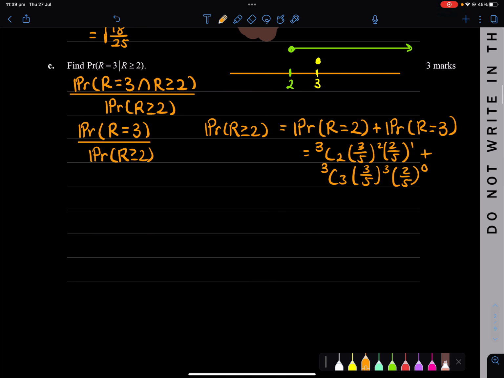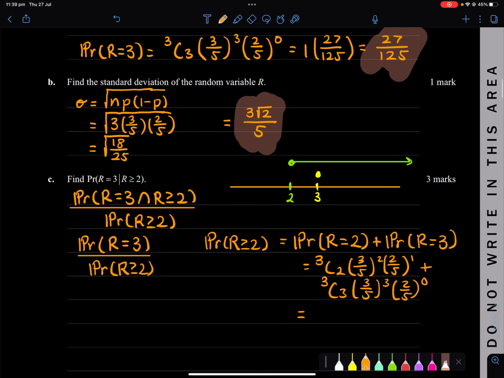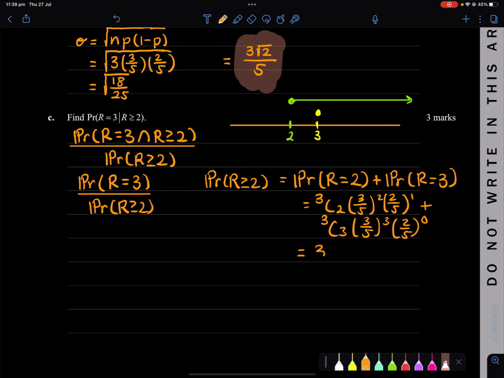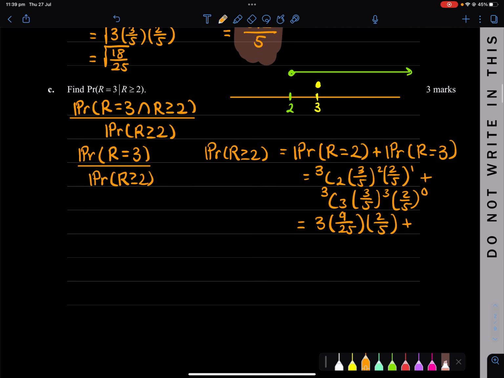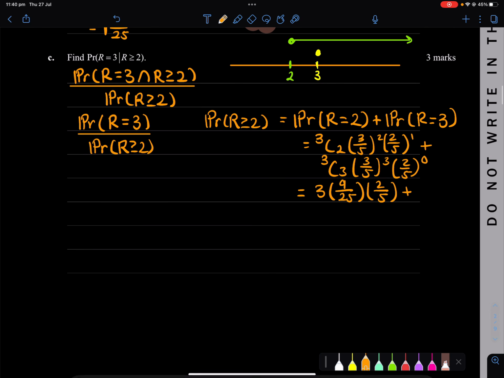Which is equal to 3 choose 2, sorry. So it's 0, 1, 2, so it's 3. We say 3 times 3 squared, which is 9 over 25, multiplied by 2 over 5, plus 3 choose 3, which is 1, times 27 over 125, and the other one becomes 1.